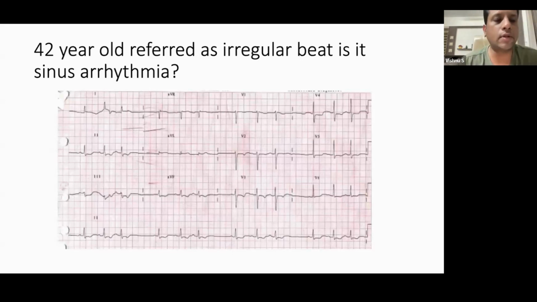Ideally you should see all the beats, P followed by QRS, PR interval, PP interval, RR interval, everything, and the QRS morphology, ST segments and T waves. Then only the assessment of the entire ECG will be proper.